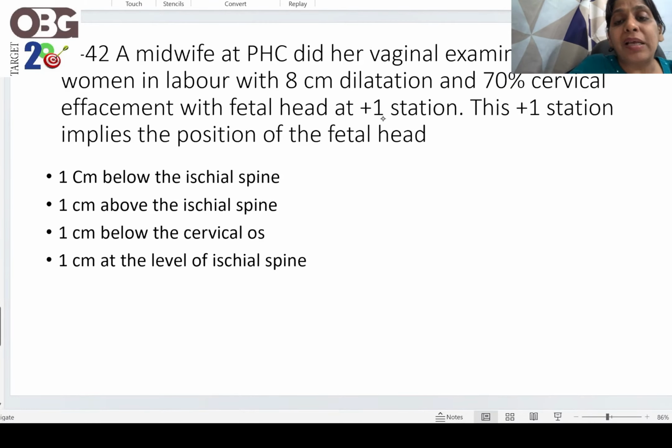What is +1 station? Here in this question, the ischial spine is taken as 0 station. The plus means they are down and minus means they are above.